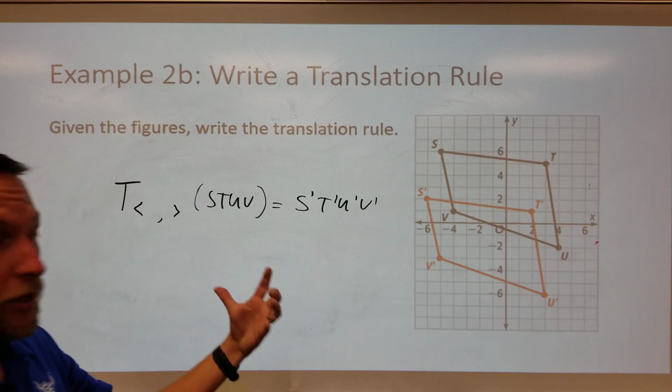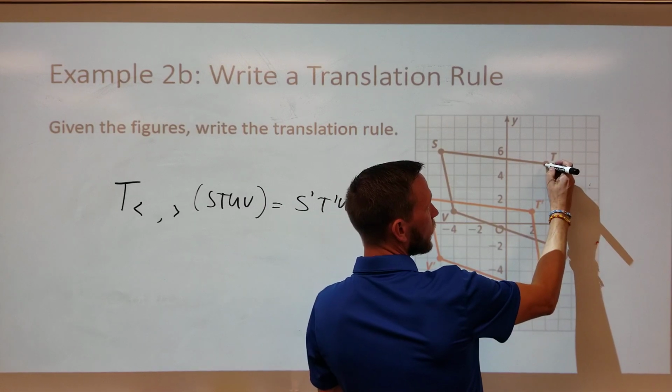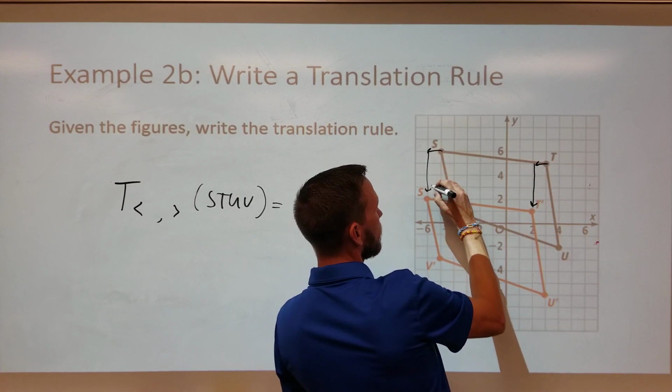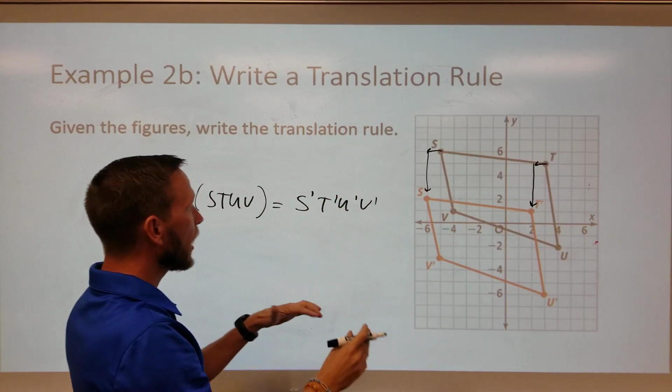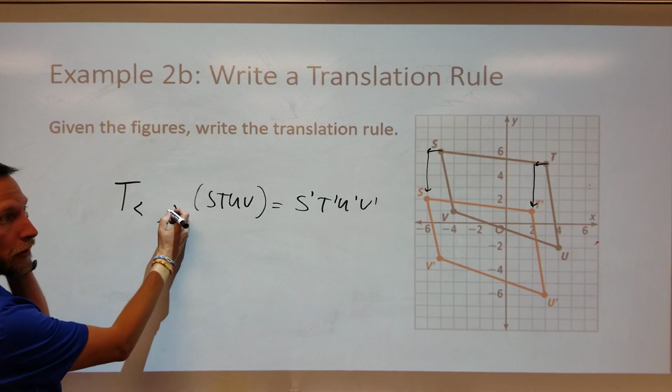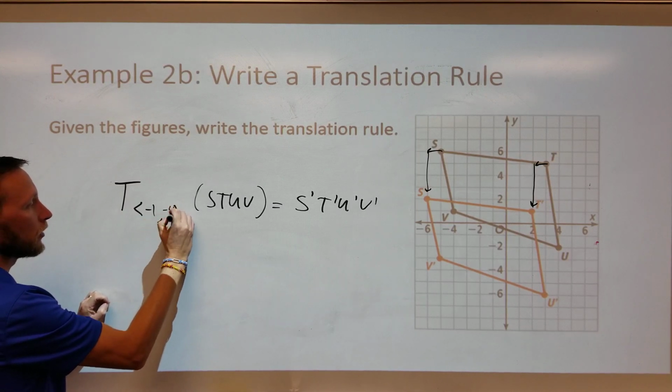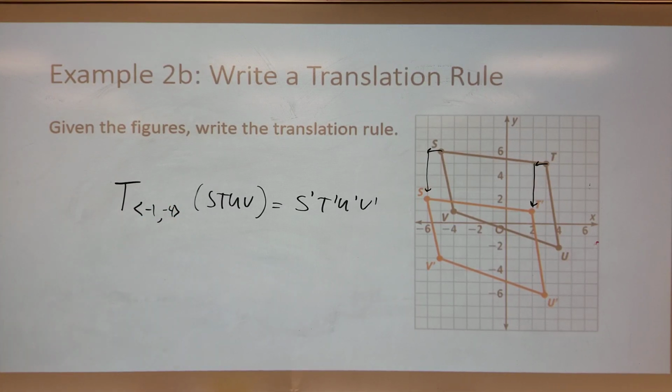And you can pick any one of these vertices to recognize the shift. It looks like we go back 1 and then down 4, back 1, down 4. It doesn't matter where you pick. Everywhere should be back 1, horizontal, back 1, and then down 4, we write as a -4. Right? This is how we would write that rule.